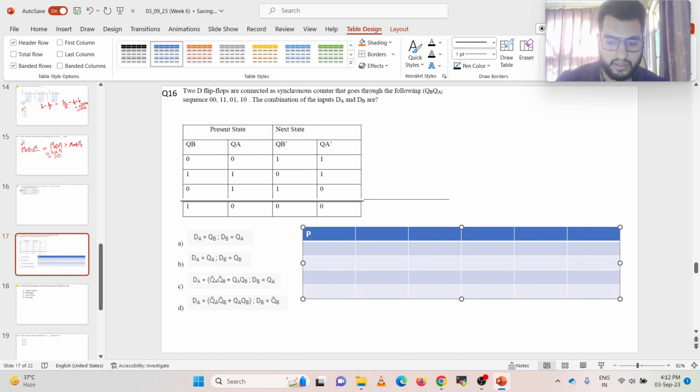Here I'll write present. This is the present state, so I'll write QB QA. This is the next state, so I'll write this as QB plus 1, and this is QA plus 1. Then I will have inputs, so these are DB and DA.